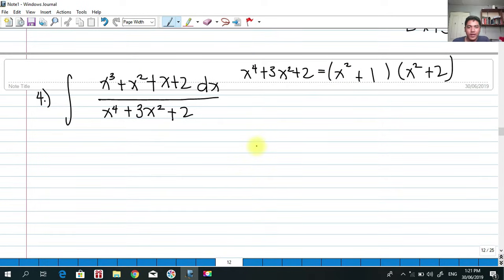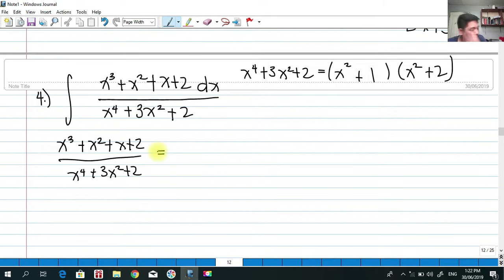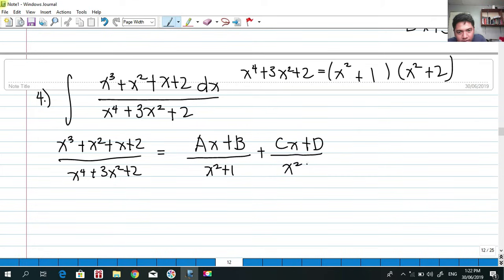Now, since this is raised to the second degree, if we reduce x cubed plus x squared plus x plus 2 over x raised to 4 plus 3x squared plus 2 into partial fractions, since it has a square in it, the numerator should not be simply A but rather Ax plus B. That is in the lessons of partial fractions. So Ax plus B over x squared plus 1, plus Cx plus D over x squared plus 2.